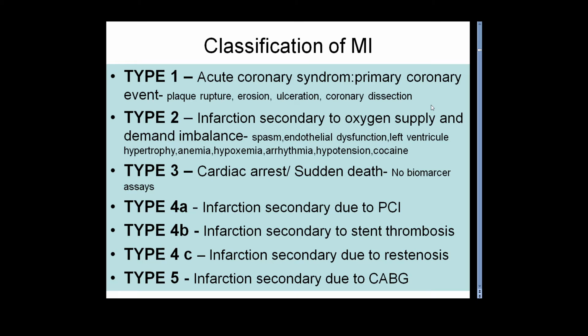Type 2 appears in vasoconstriction, vasospasm, endothelial dysfunction due to left ventricle hypertrophy, due to anemia, hypoxemia, due to arrhythmias, paroxysmal tachyarrhythmias, hypotension, and hypertensive crisis.